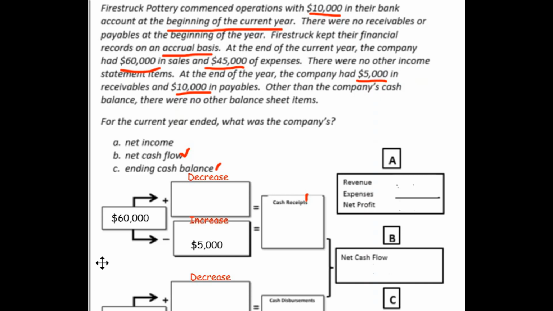By the way, I don't know if I said it, it should have been a $5,000 increase in accounts receivable. If I said accounts payable, I apologize. So we take our $60,000 in sales minus our $5,000 increase in accounts receivable, and the two net together means that we had cash receipts of $55,000.